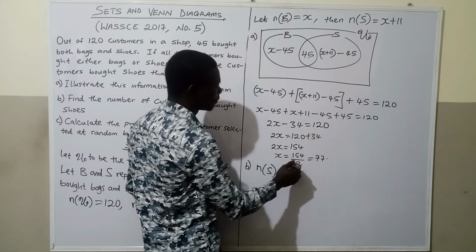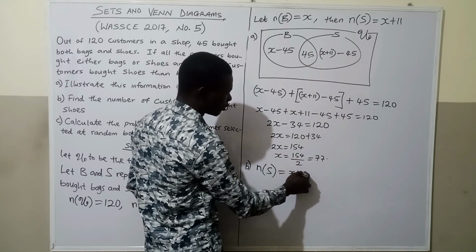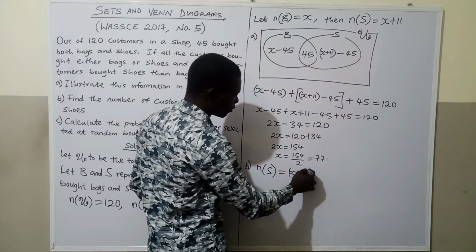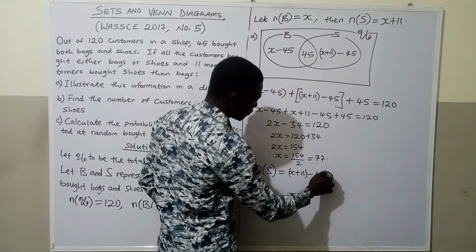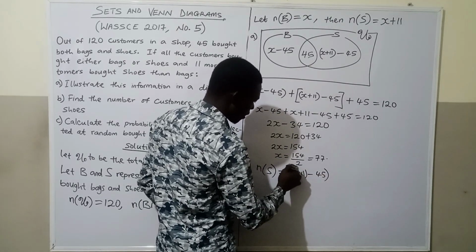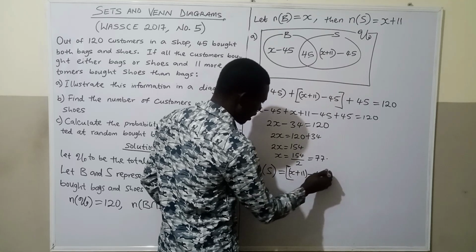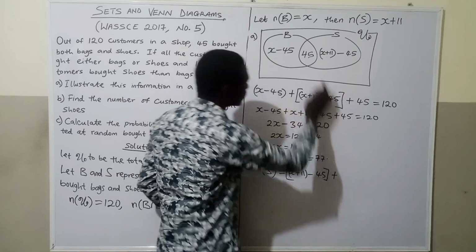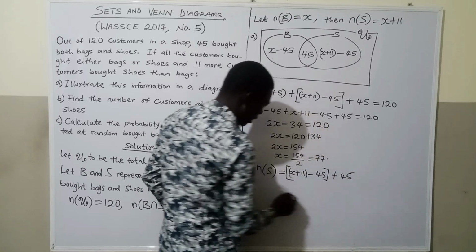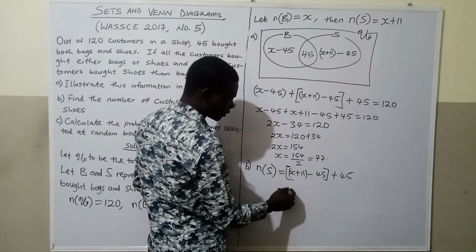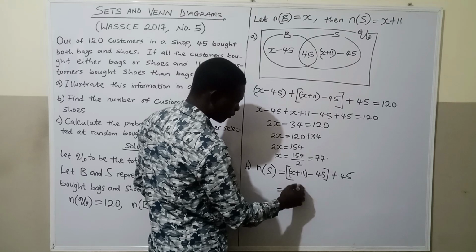So that's going to be x plus 11 minus 45 plus 45, and x is 77 according to what we have gotten.